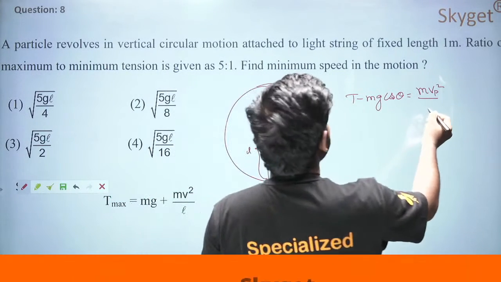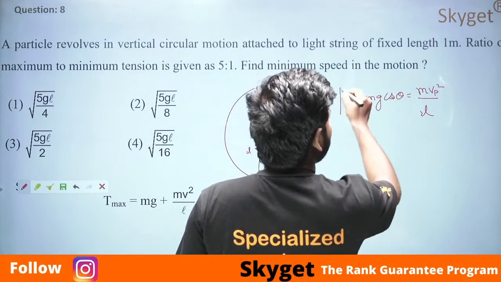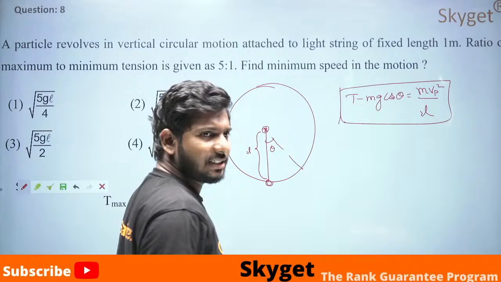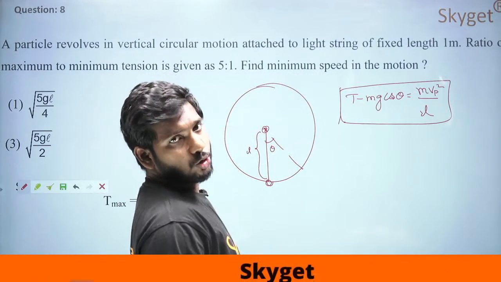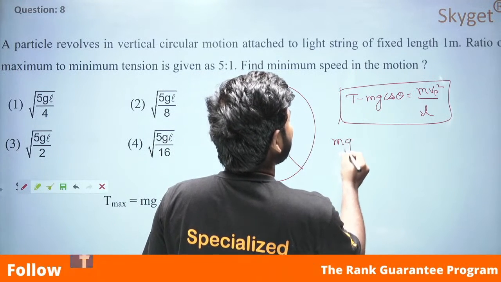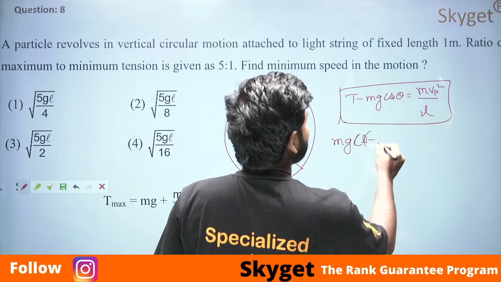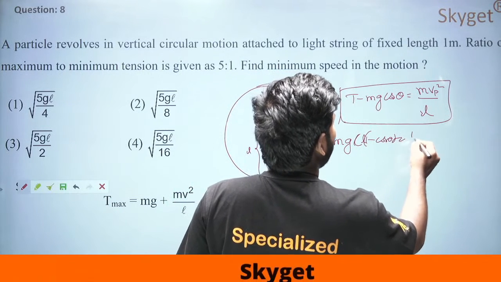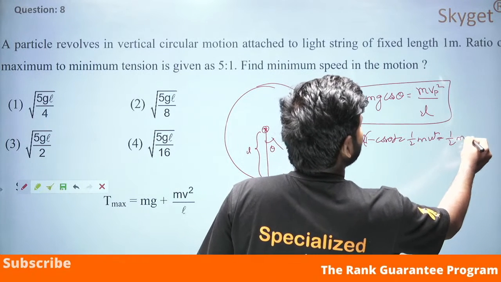That is the force equation, and the energy equation is: mgL into (1 minus cos theta) is equal to half mu square minus half mv square. That means gain in potential is equal to loss in kinetic energy.